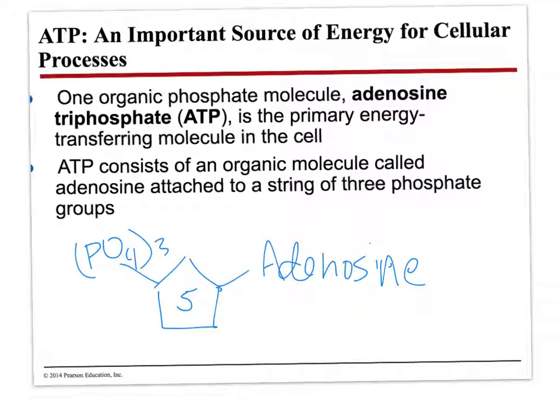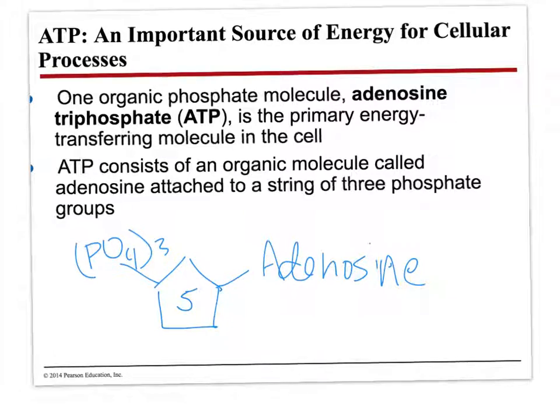So this is the important part in terms of energy. This is part of its structure. Adenosine, that's these two, 5-carbon and triphosphate. 3 phosphate molecules linked in succession.